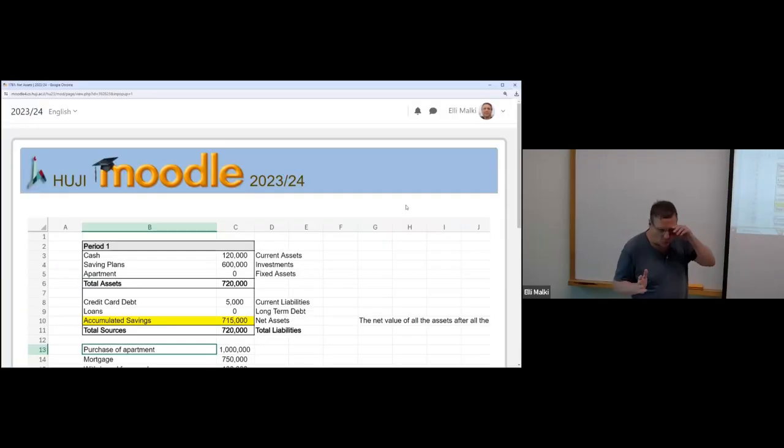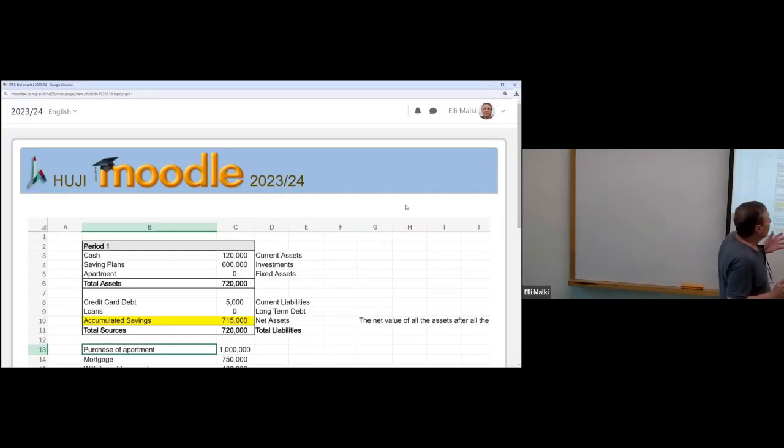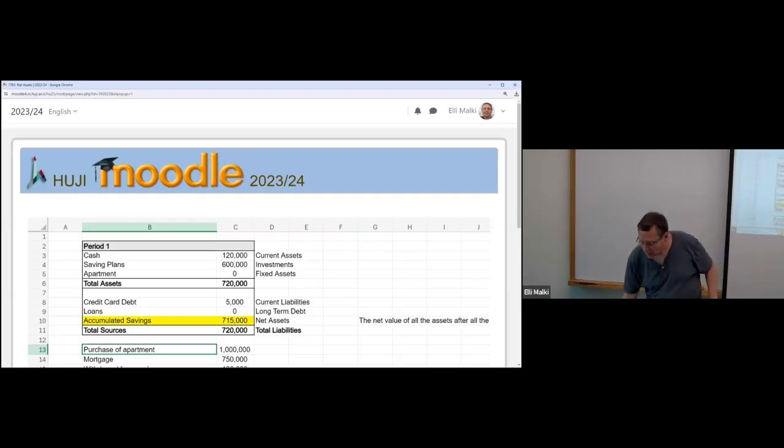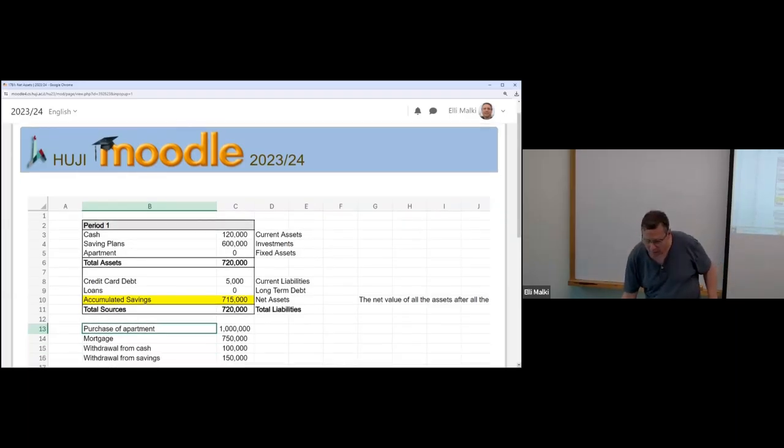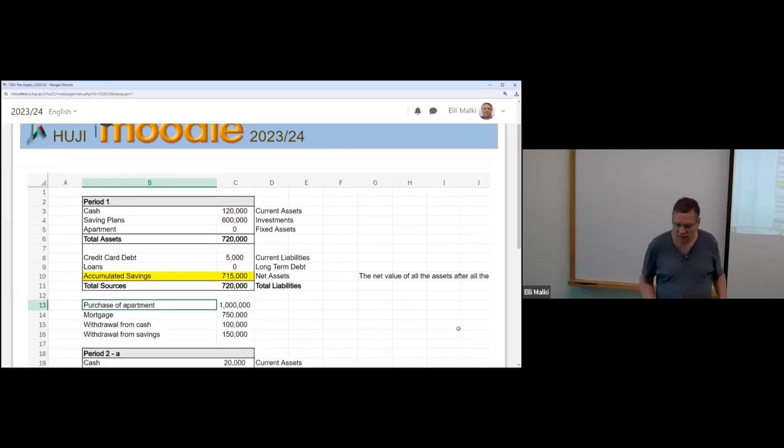I'm going to show you what a balance sheet of a family, a household, will look like in a very simple example, so that hopefully you will be able to understand the meaning of net assets, because the meaning of net assets in a non-profit is very similar to the meaning of net assets in our individual life as a household.